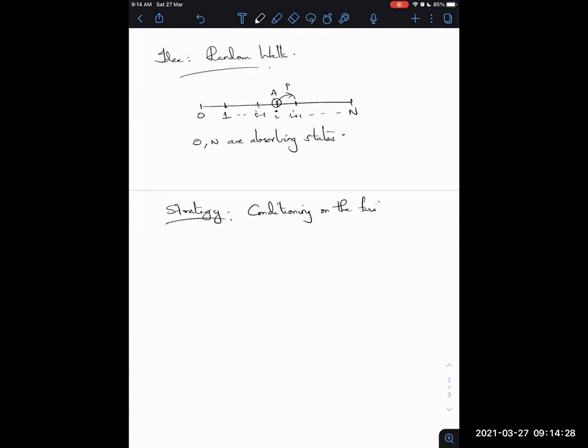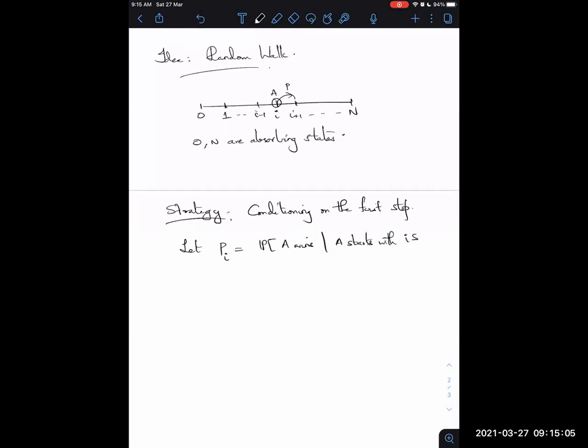So what I mean by this is: if you are in state I, so let's call 0 to n the states, and if you are in state I, that means that player A is starting with $I. Now what you need to calculate is the probability that A wins the whole game. So let us call Pi the probability that A wins the whole game when A starts with $I.